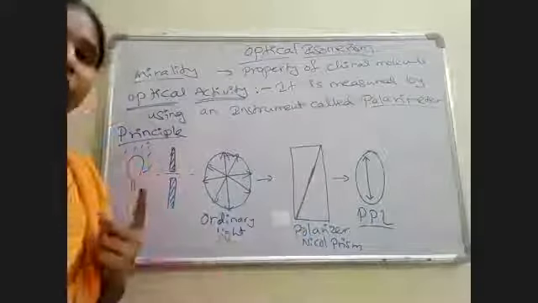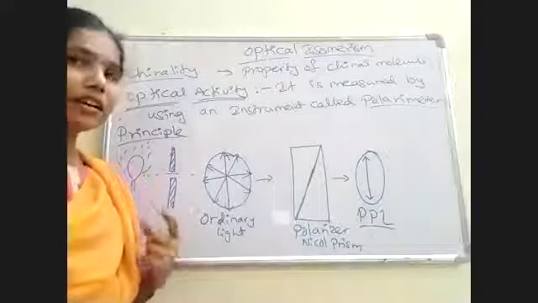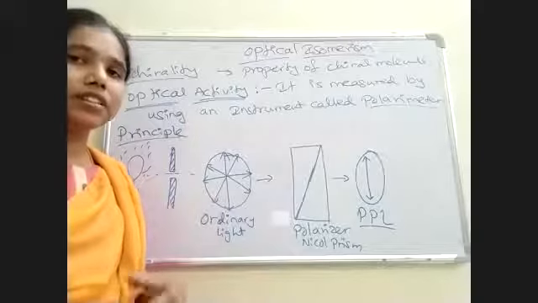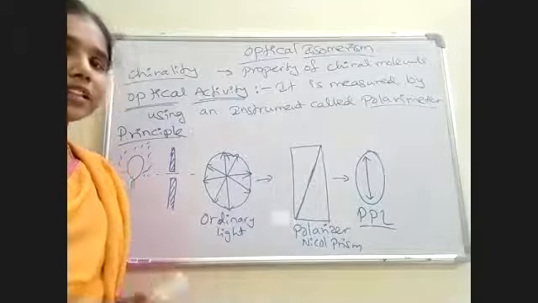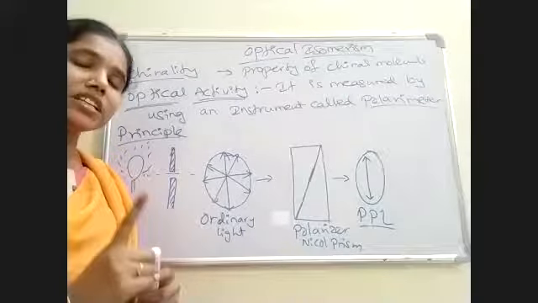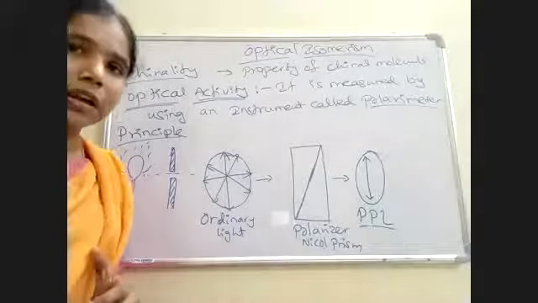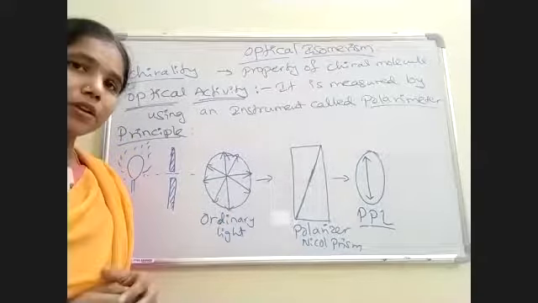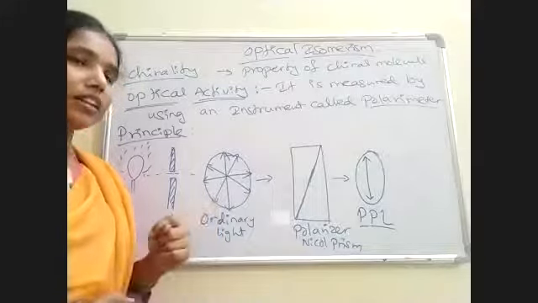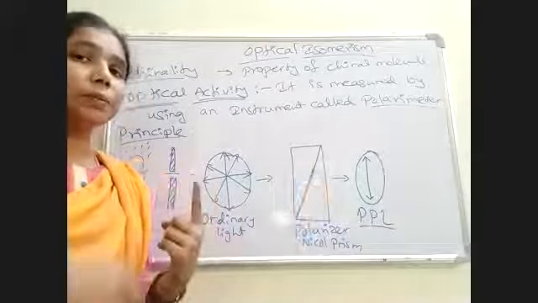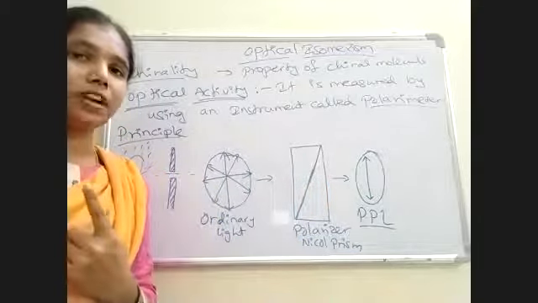Monochromatic light is different. Monochromatic light means light having only a single wavelength. For example, a sodium lamp has a wavelength of 589 nanometers. That is monochromatic light. But plane polarized light, though a single wavelength, may have oscillations in all different planes.